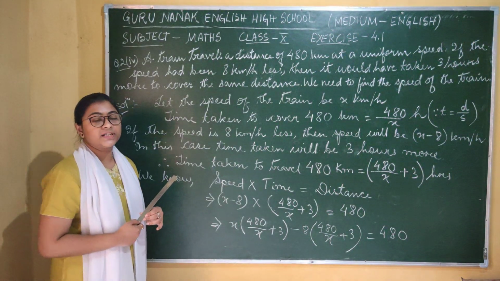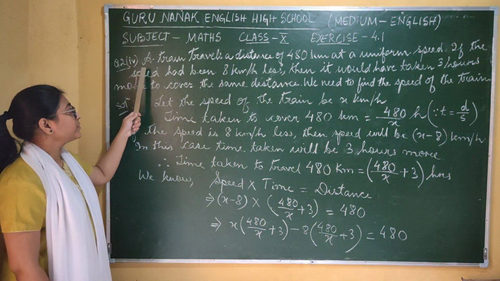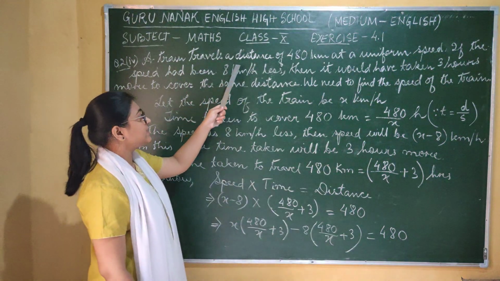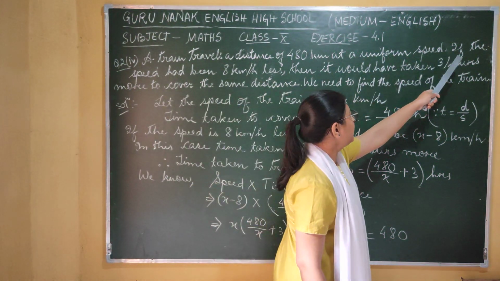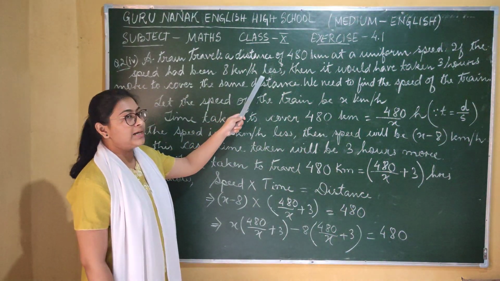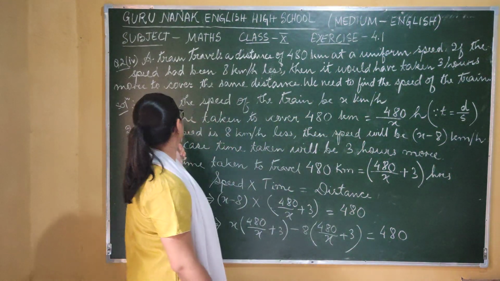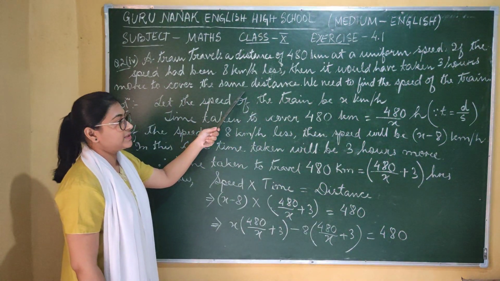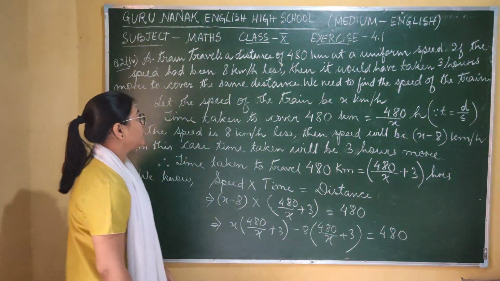Now let us consider another problem, number 4. So the question is, a train travels a distance of 480 km at a uniform speed. If the speed had been 8 km per hour less, then it would have taken 3 hours more to cover the same distance. We need to find the speed of the train.